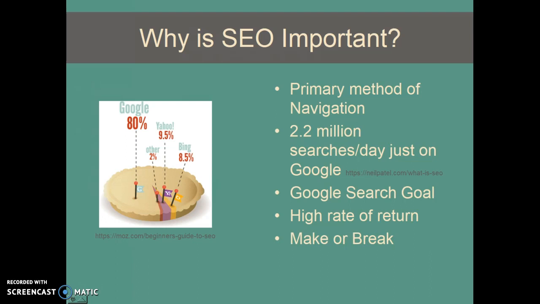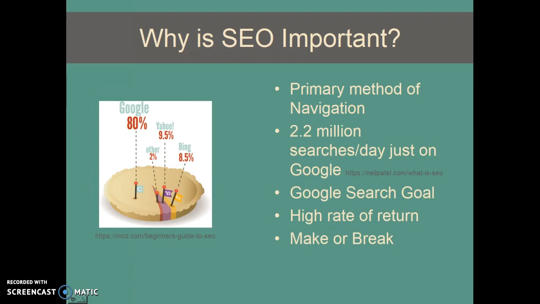On any given day, people conduct more than 2.2 million searches, and that's just on Google. I got that information from Neil Patel, and you can see a link to his website there. That was another place that I did some research on SEO.